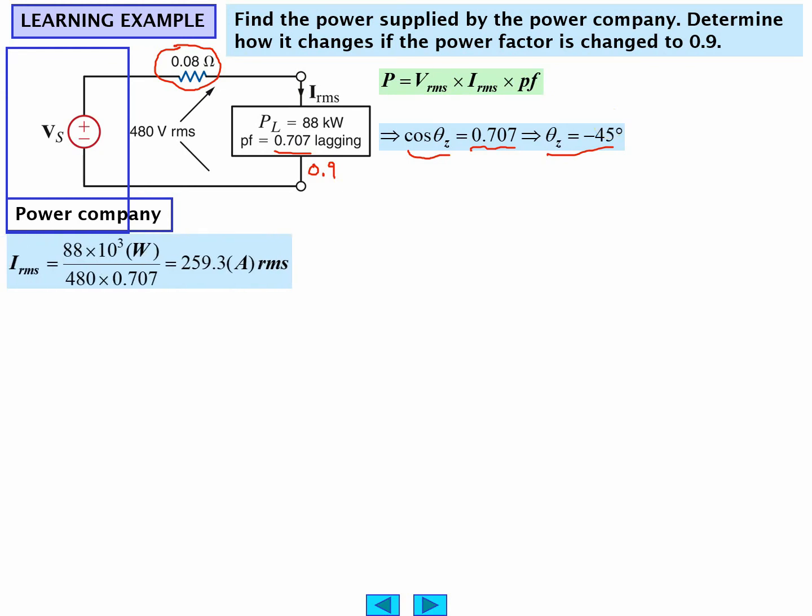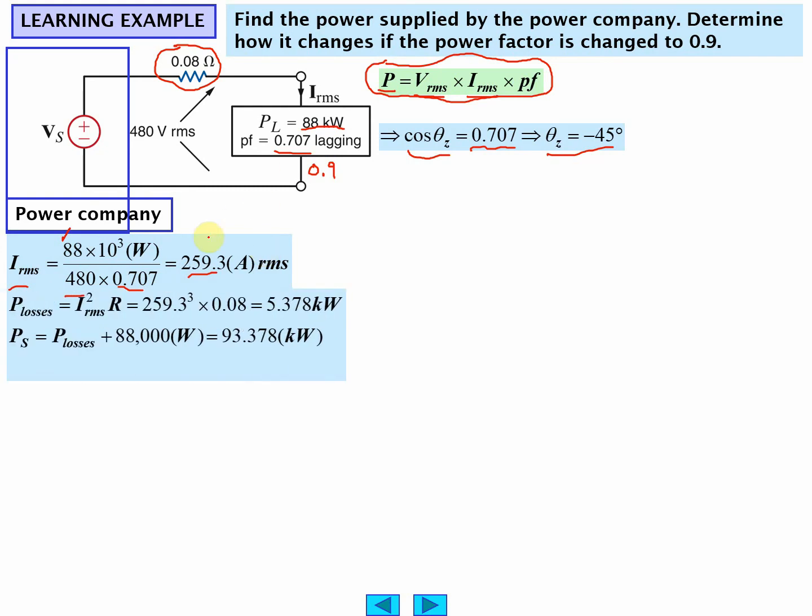And we use this equation to solve for the current I: 88 kilowatts right here, divided by 480 volts and the power factor, 0.707. So that's how many amps are being delivered.